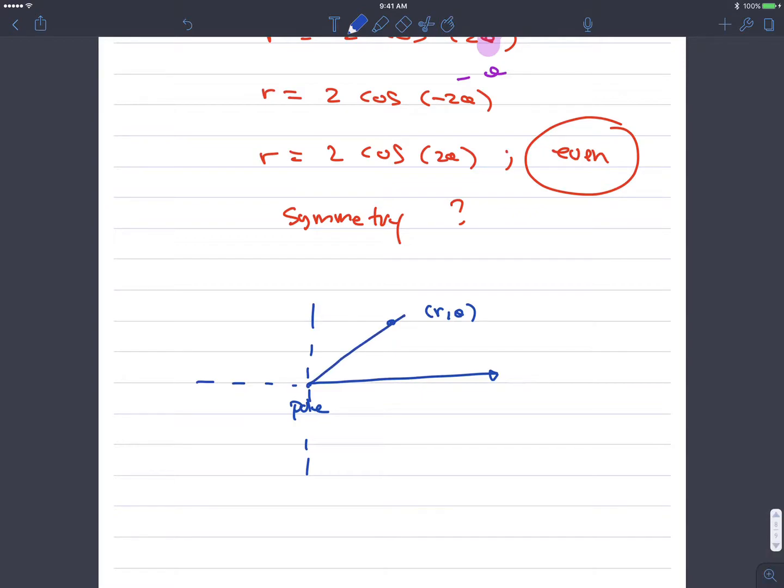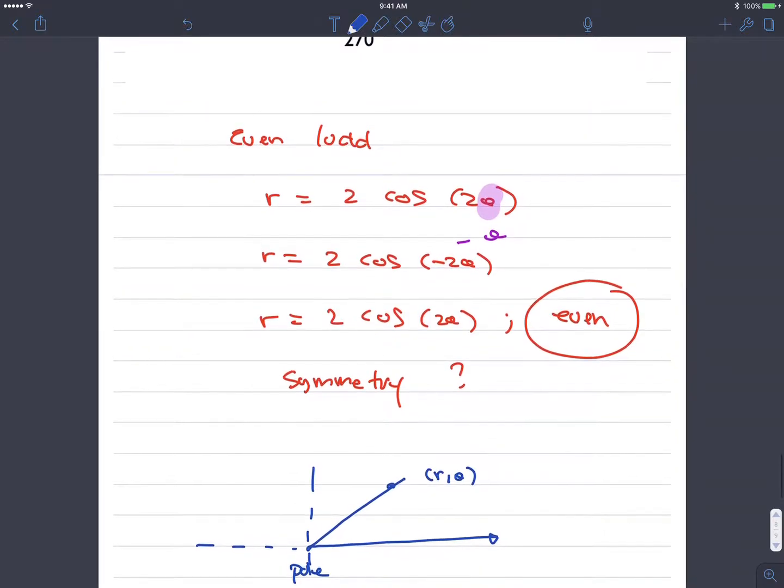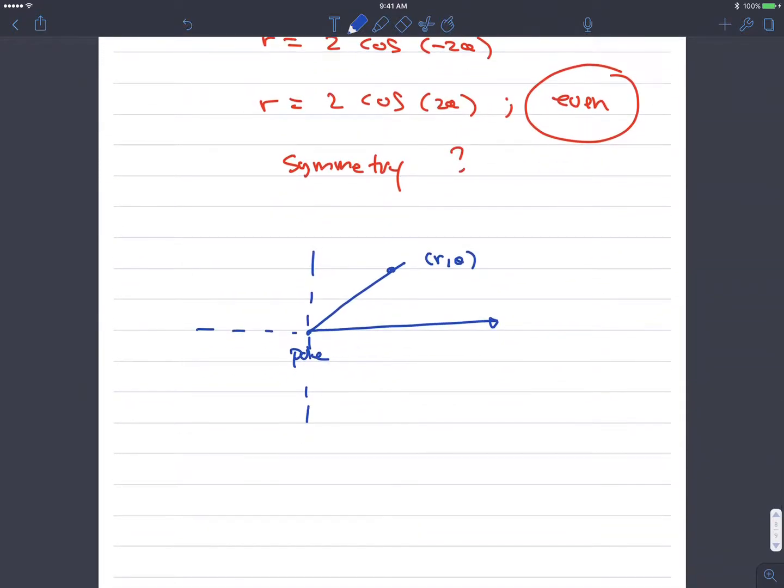Draw a line here. Where's minus theta at? If this is theta, this would be possibly what? Minus theta. Is that right? This is r, and this is minus theta.